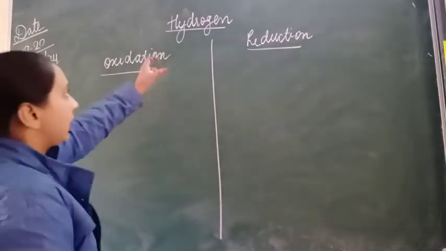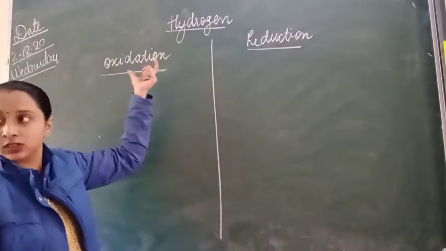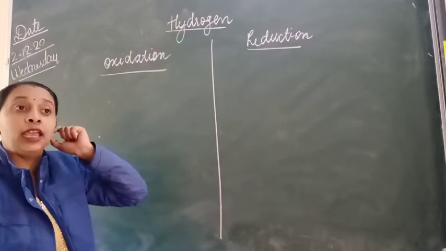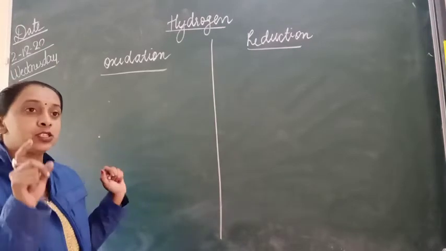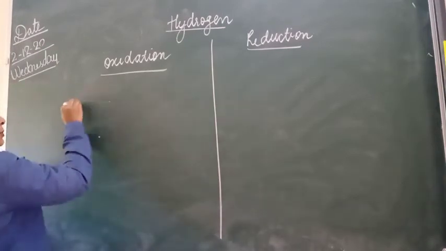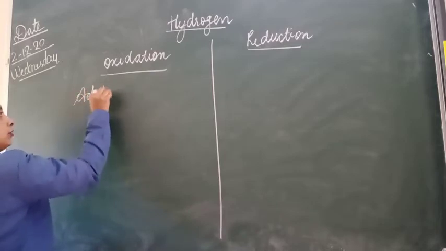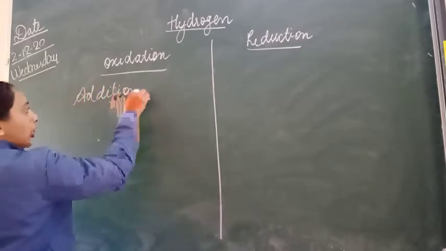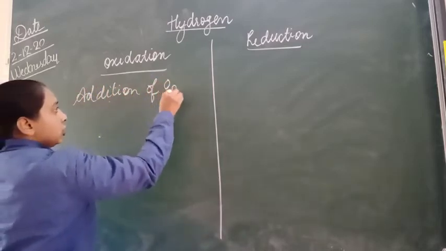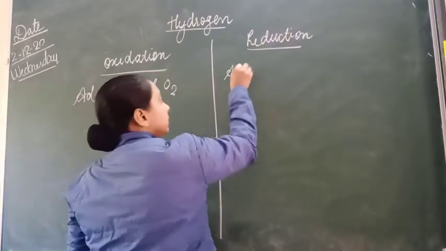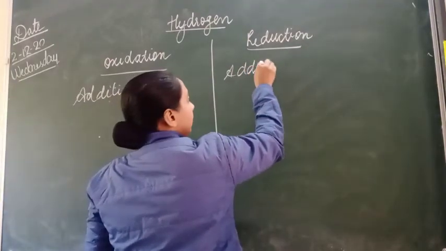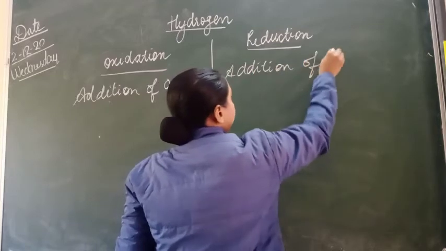So today we will start with the last part of hydrogen, that is oxidation and reduction. In the previous lower classes you have studied that oxidation means what? Addition of oxygen. Yes or no? And here, addition of hydrogen takes place.